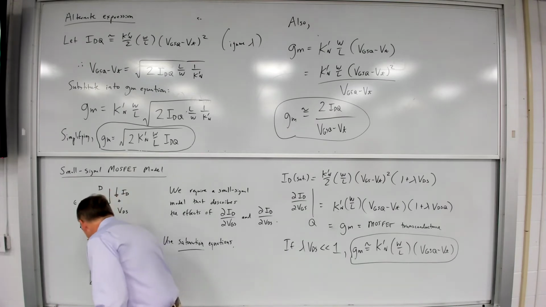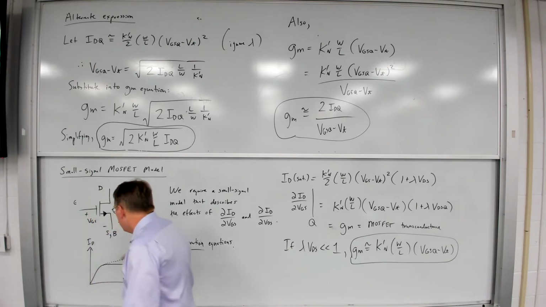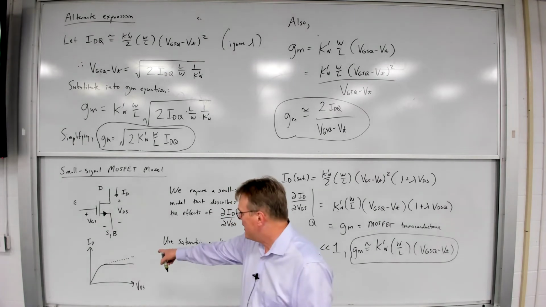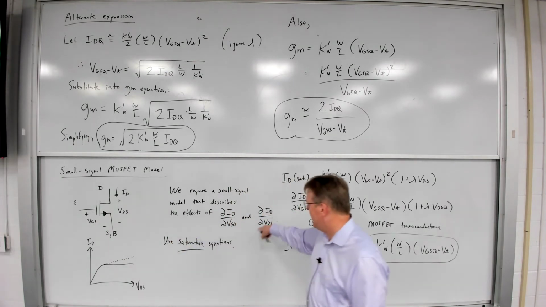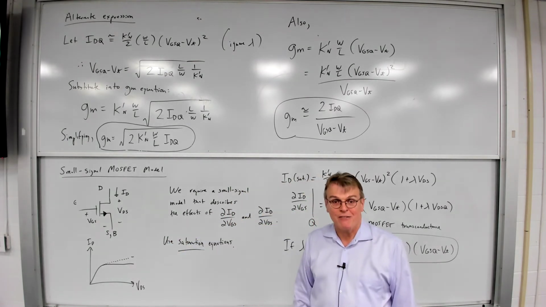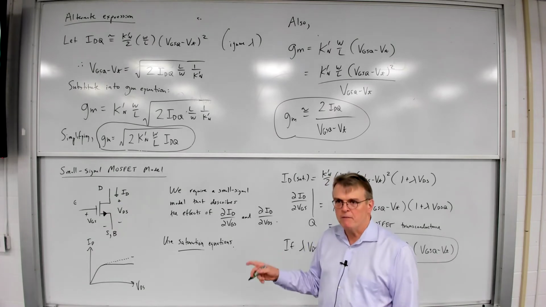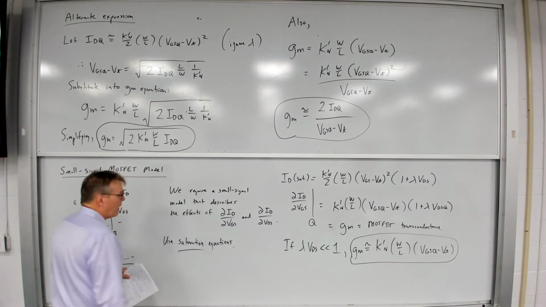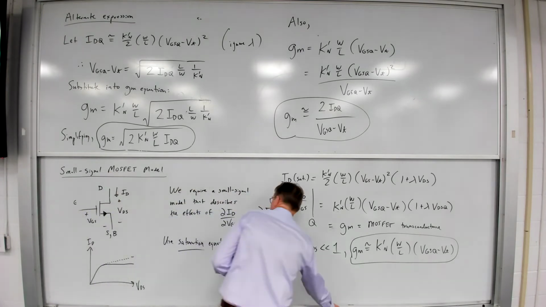But what we talked about before is that because of the channel length modulation parameter, the actual curve increases slightly. Well, that behavior we want to capture, which is why we care about this delta ID over delta VDS, probably the partial derivative of ID with respect to VDS. So therefore, I want to define another term.